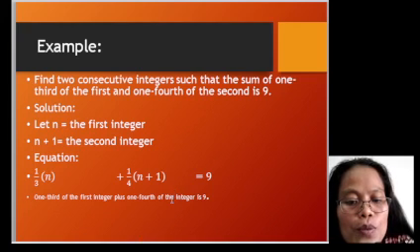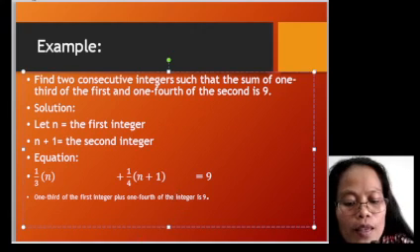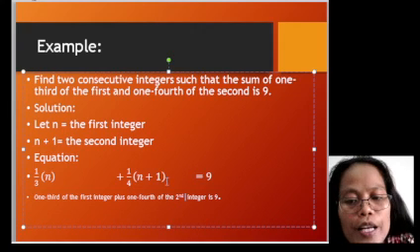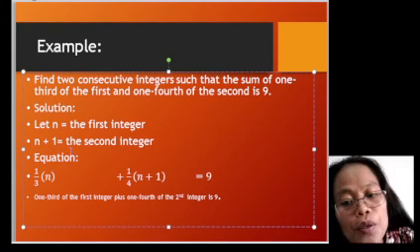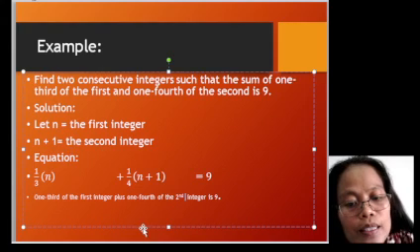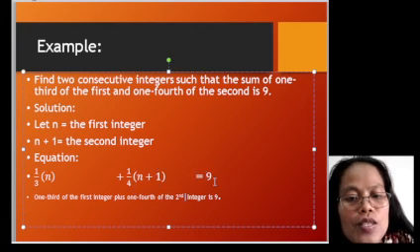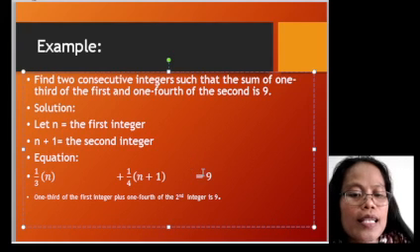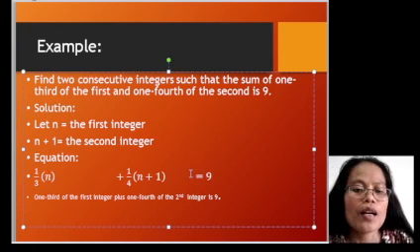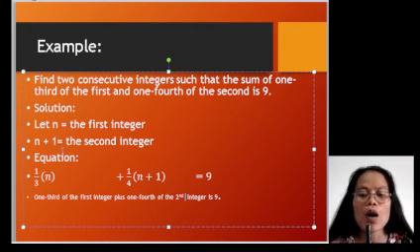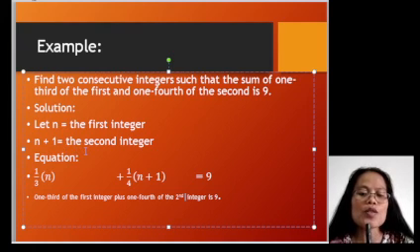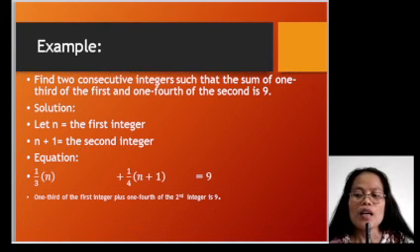So we need to write 1/4 of the second integer, and we assigned n plus 1 as the second integer. So we have 1/4 times n plus 1, and "is" in mathematics can be translated as equals. So equals 9. So we have now our equation: 1/3 n plus 1/4 times n plus 1 is equal to 9.